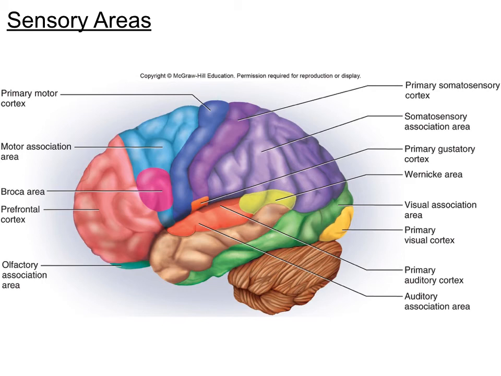With regards to primary gustatory, your primary gustatory cortex is located in the anterior part of your insula and also the inferior portion of your postcentral gyrus. Now, this cortex is going to give you perception of taste. So this is the area that makes you aware that you have tasted something either sweet or salty, bitter, sour, or umami.